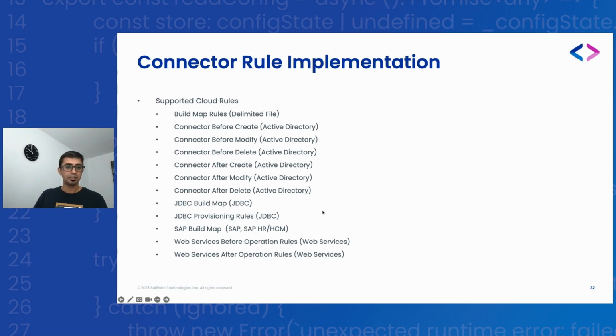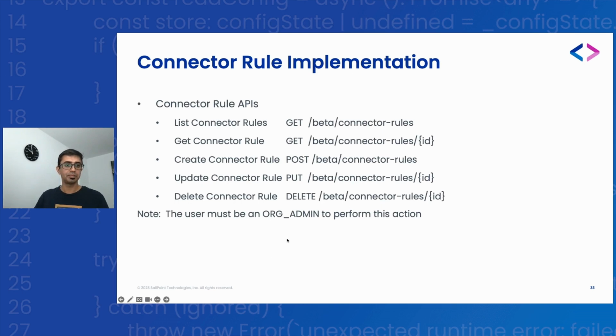So again, all these rules we can edit straight through the API, so that doesn't need to go through some kind of rule review process. These are the APIs that are available to manage these connector rules.